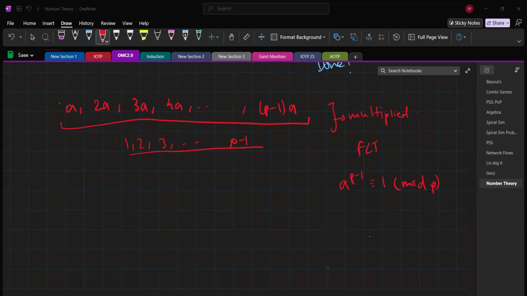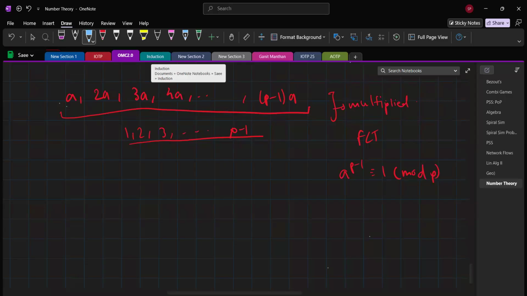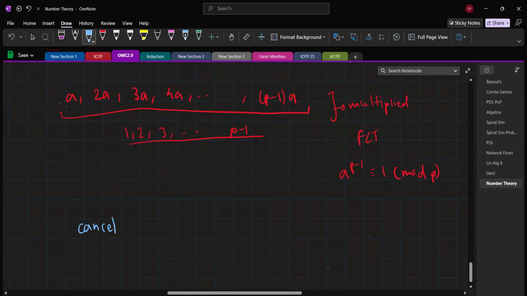You just multiply the numbers that are coprime to m. Yes, exactly. If we want to be able to cancel something from both sides, when can we cancel things? When it's coprime to m.